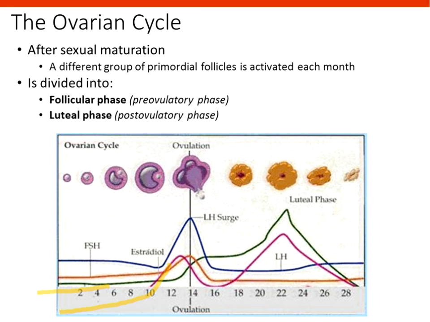Because there's no progesterone, we now get GnRH, and GnRH at the hypothalamus starts to lead to FSH and LH, which is the blue line and the gold line, to start to increase in their release from the pituitary gland. Okay, so FSH is heading to the ovaries to push primordial follicles to start to become primary follicles.